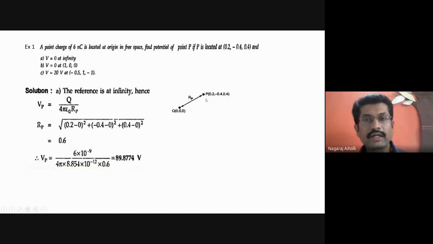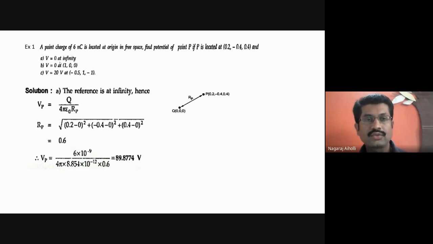They have given the coordinates of point P. We are supposed to find the potential of point P for the conditions. First condition, V is equal to 0 at infinity. That is, the reference given is at infinity, which has 0 potential. First condition, it is as usual.